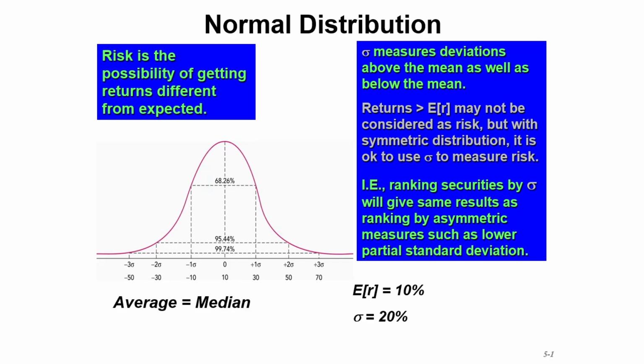In a symmetric world, the deviations above and below the mean are equally likely. That's why we can still use the Greek letter sigma to compare securities, even though more advanced metrics like downside deviation exist.